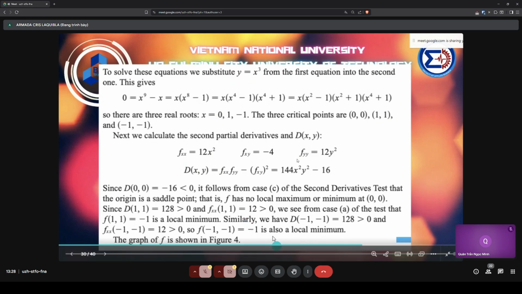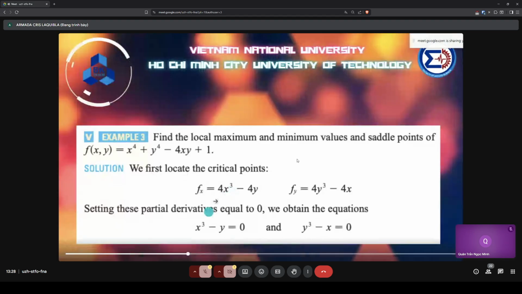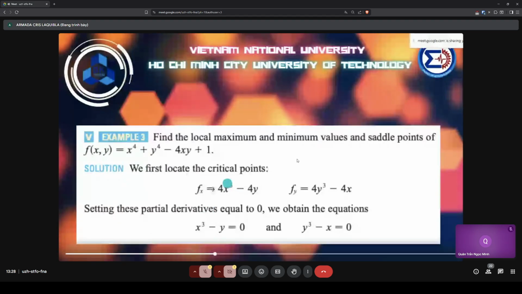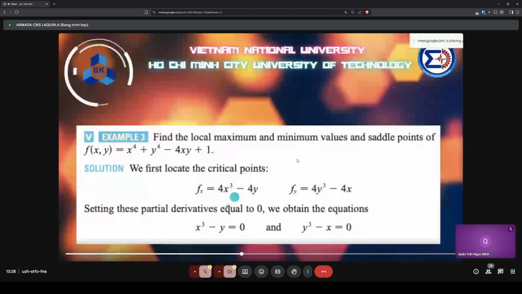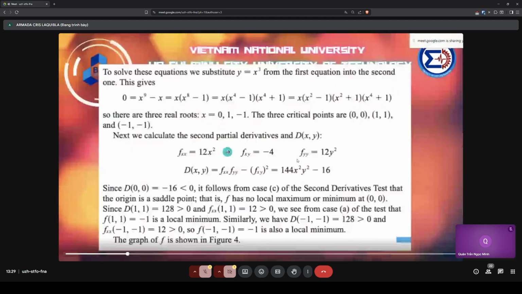Your fx is 4x cubed minus 4y, so multiplying 3 here in your fourth. So solve your fxx, get the derivative of this. You have 12x squared, correct? Derivative of this is 0 because it has no x here. This is minus 4y. So 12x squared is the derivative. We have this one. Fxx is 12x squared.